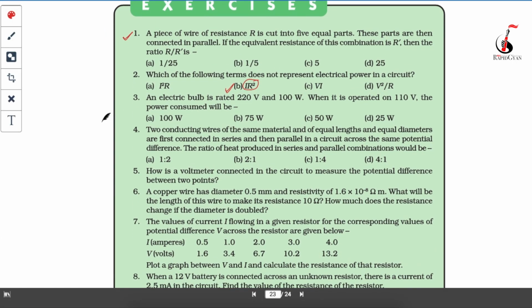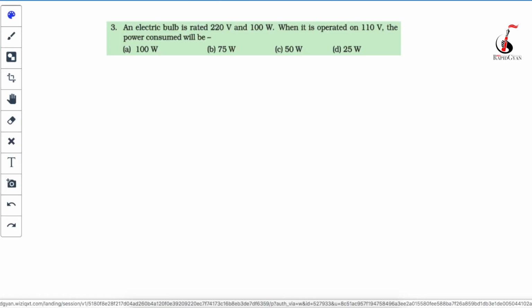Okay, third question is saying that an electric bulb is rated 220 volt and 100 watt. When it is operated on 110 volt, what is the power consumed? Let's solve this question. I have told you that you will always have to write the information given in the question.